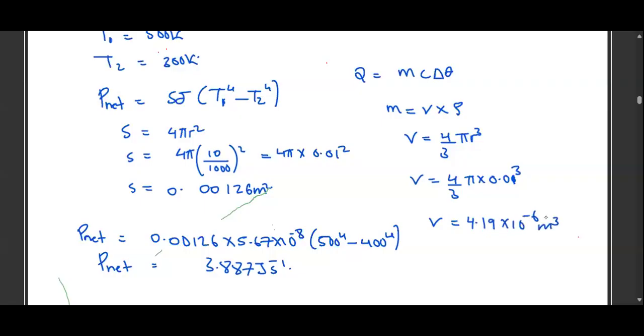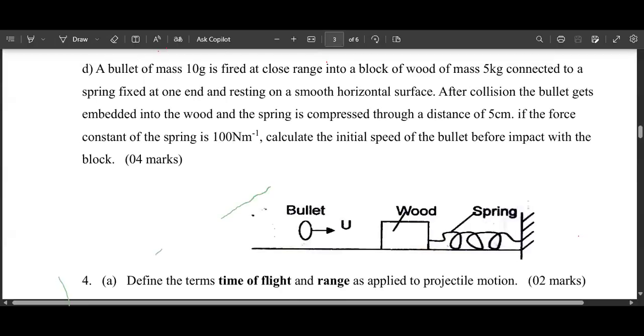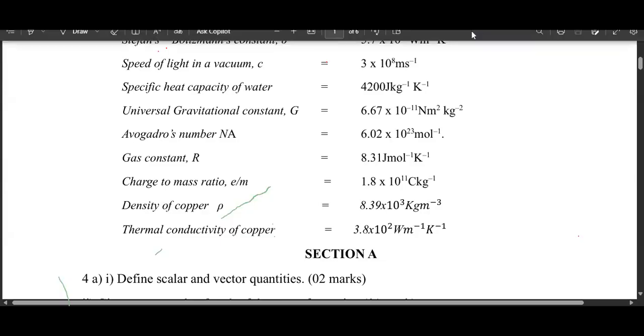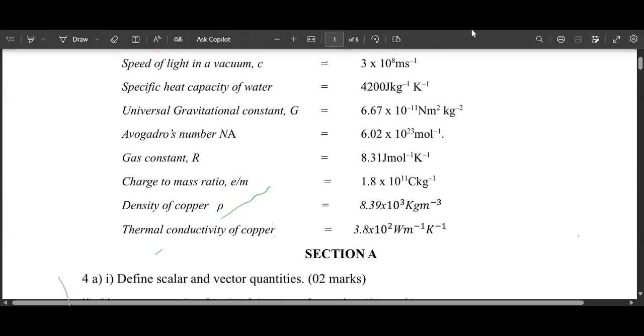That is the volume. Now the density of the copper sphere was given in the first part. The density of copper is 8.39 times 10 power 3 kilograms per meter cubed. That is the density of the copper sphere.